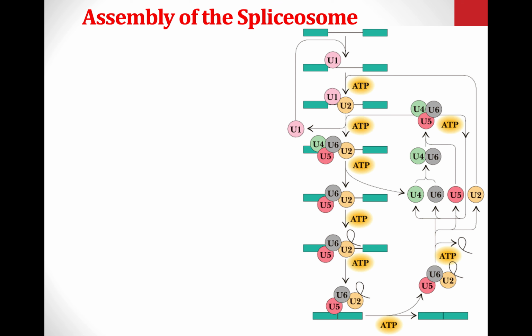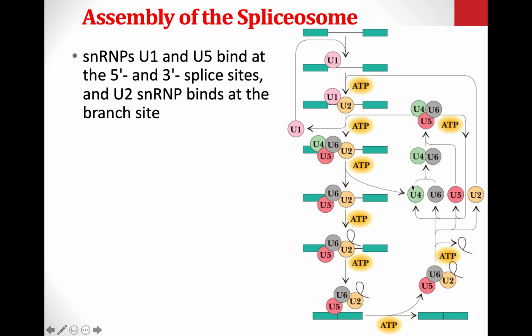So assembly of the spliceosome. I'm just going to go very generally into the assembly. This is the schematic diagram, and the explanation is here. The snRNPs U1 and U5, as you can see, it actually starts from here. U1 and U5 bind at the 5' and the 3' splice sites. One will bind here, one will bind towards the end. And U2, over here, binds at the branch site, the one to be cut off.